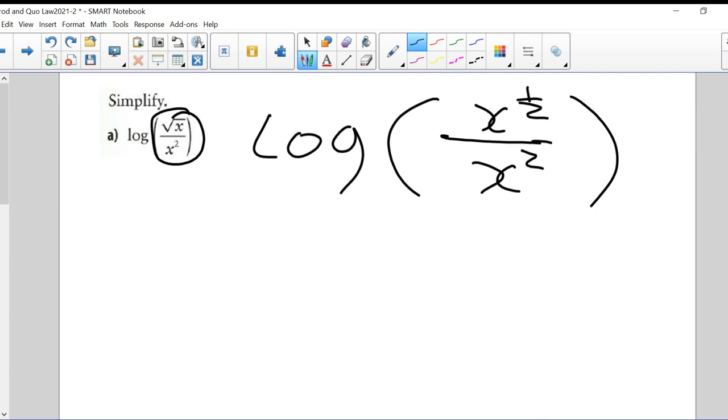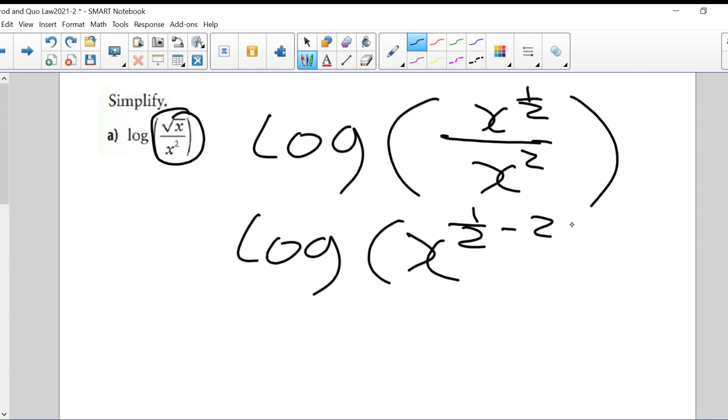Read my mind. Can you subtract? Of course you can, because one of the laws of exponents says that if I have the same base, I can subtract the exponents. It's going to be the log of x to the power of a half minus 2. Does that make sense, everybody? I want to make sure it does.